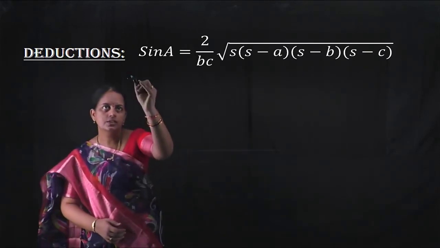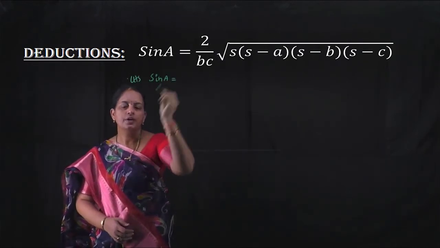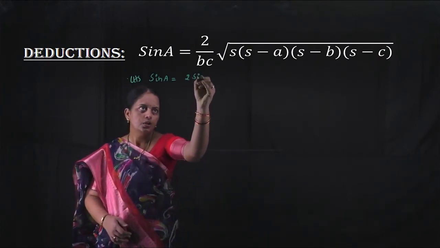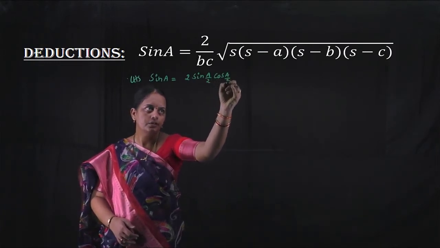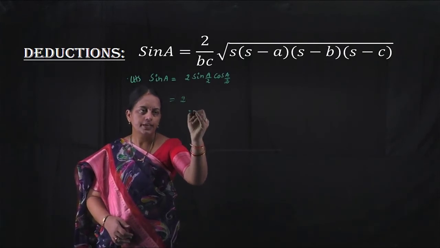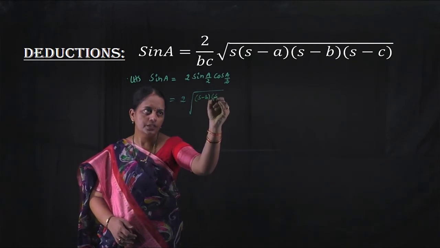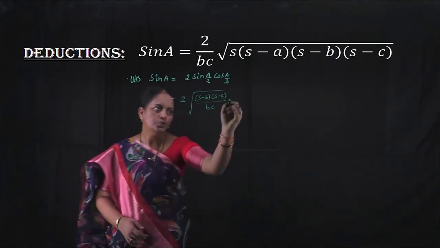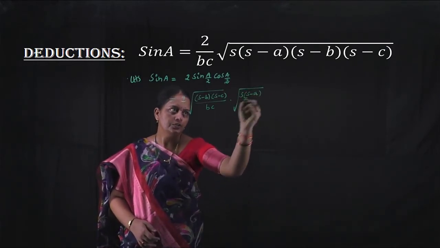Consider the LHS, that is sin A. From multiple angles we can write sin A is equal to 2 sin A/2 cos A/2. From the half angle formula, sin A/2 is equal to root of (s−b)(s−c)/bc, into cos A/2, that means root of s(s−a)/bc.